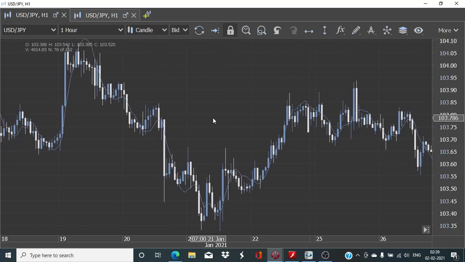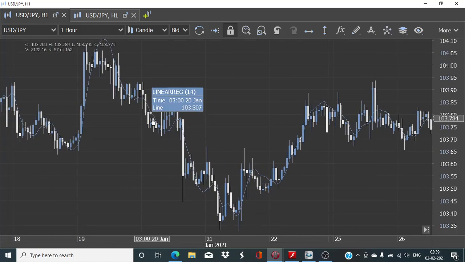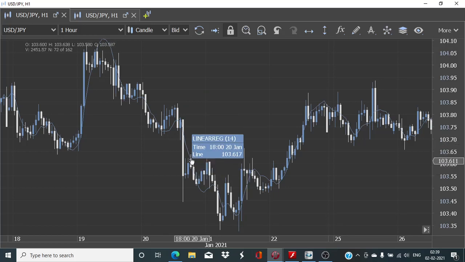If the linear regression values are declining, and at the same time we see substantial downward pressure in the price action, and the last candle has closed with substantial losses, at such instances we can look for a fresh short selling opportunity.